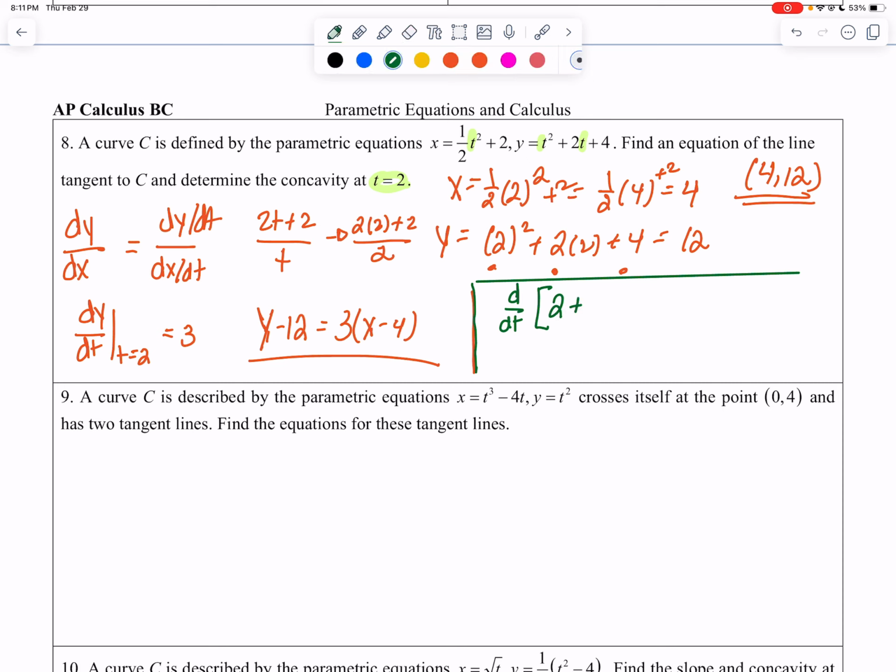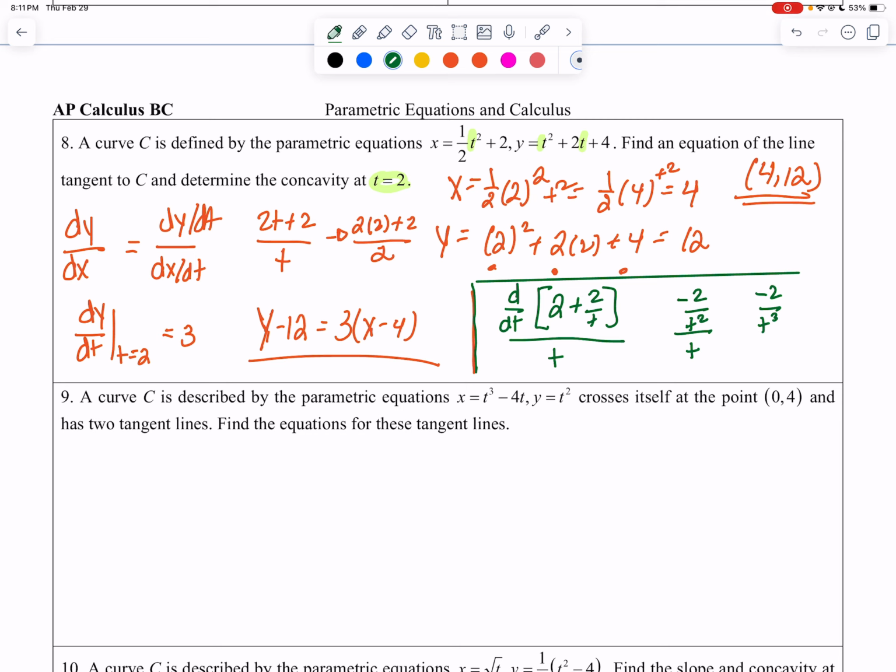That's 2 plus 2 over t, over dx/dt, which is just t. The derivative d/dt of 2 plus 2 over t is going to be negative 2 over t squared, over t, or the same thing as negative 2 over t to the third power.